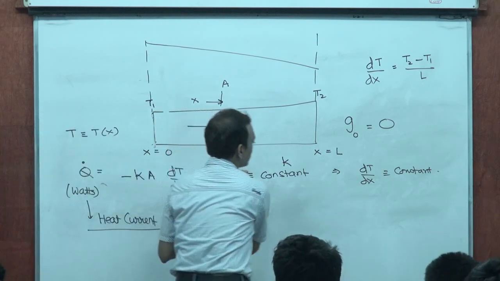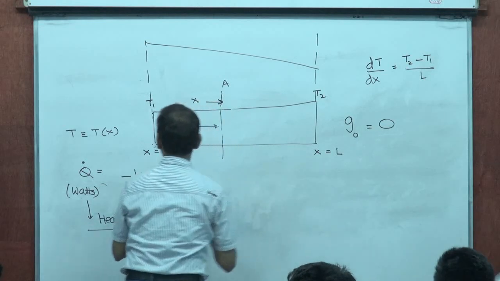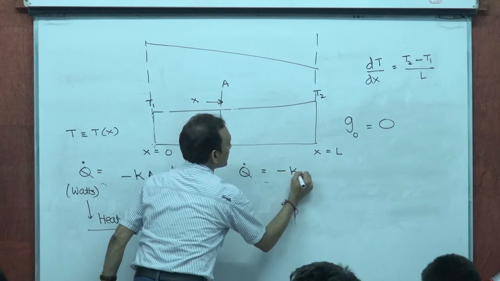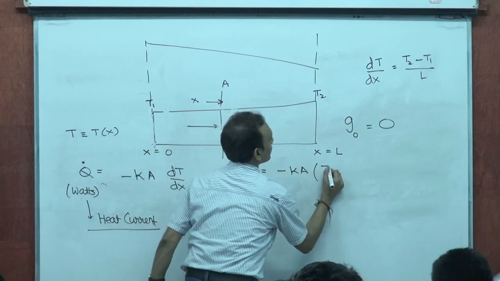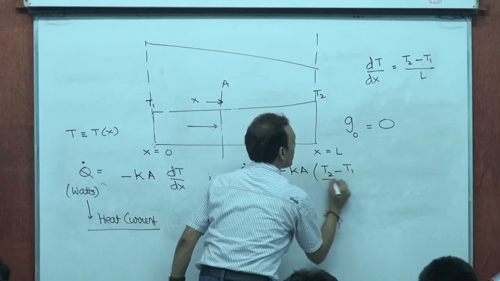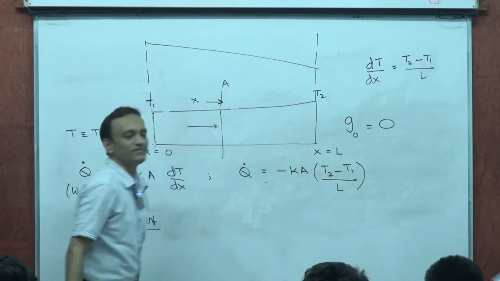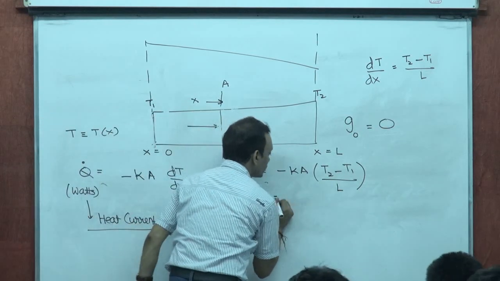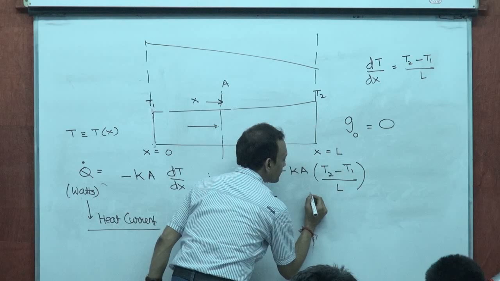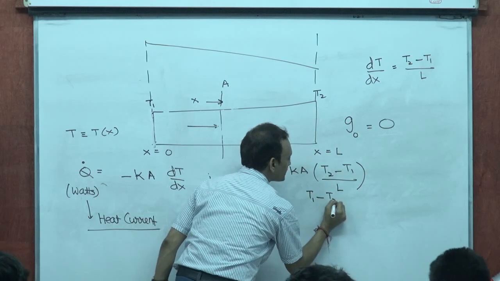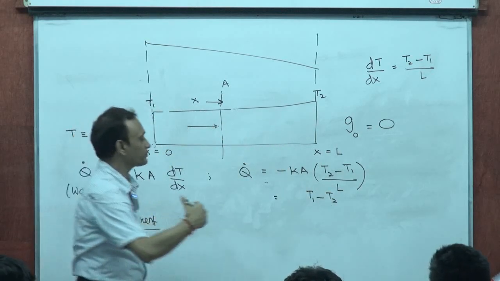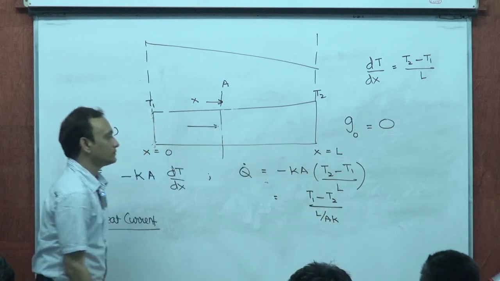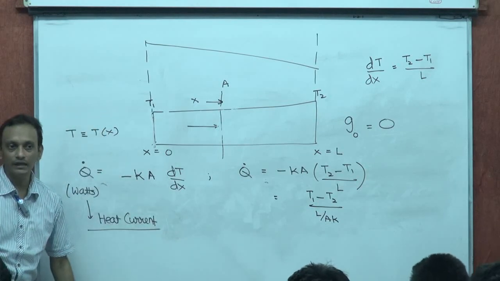So which really means that Q dot is minus KA times (T2 minus T1) by L. So this I can write as (T1 minus T2), which means the fall of temperature, divided by L by AK. Clear?